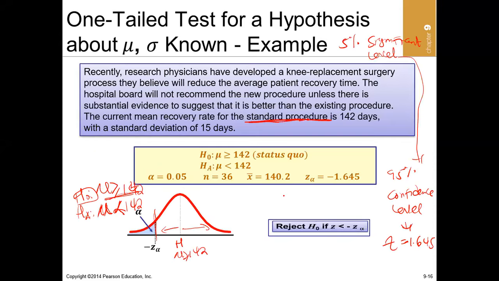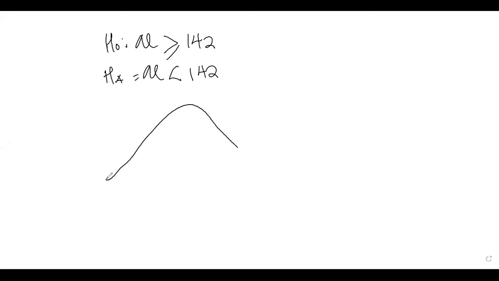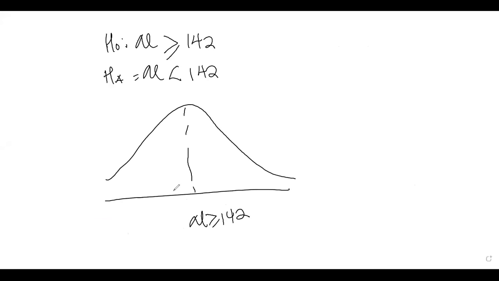What this simply means is that if I draw my diagram, we are looking for the mean to be greater than or equal to 142. So all this place is our acceptance region, because that's what we are looking for in terms of the null hypothesis.